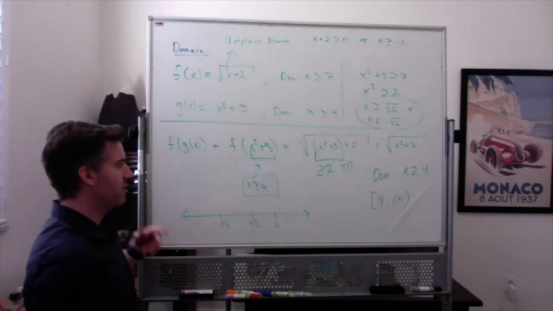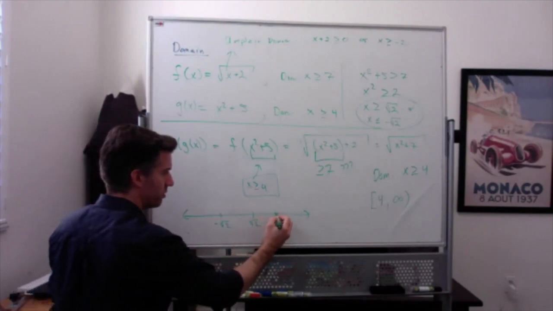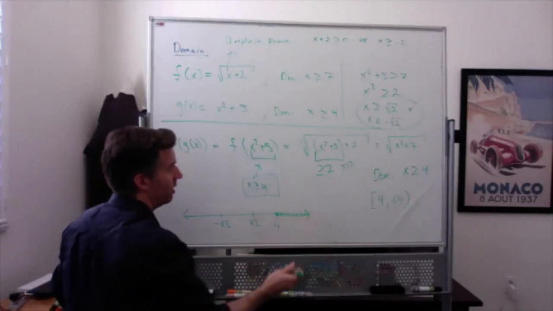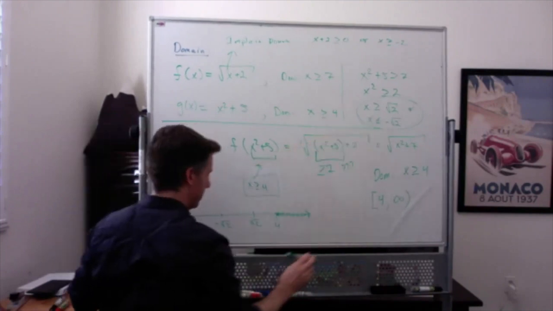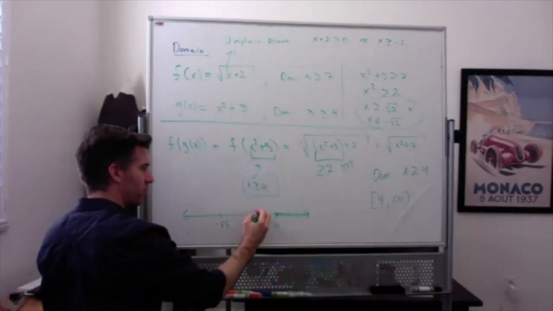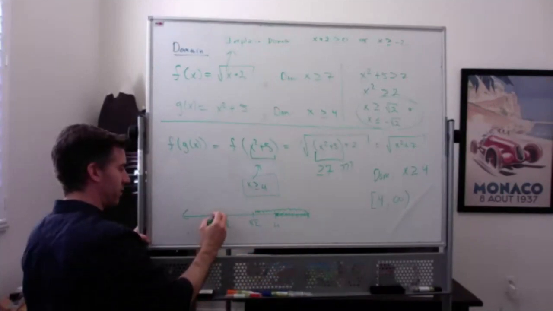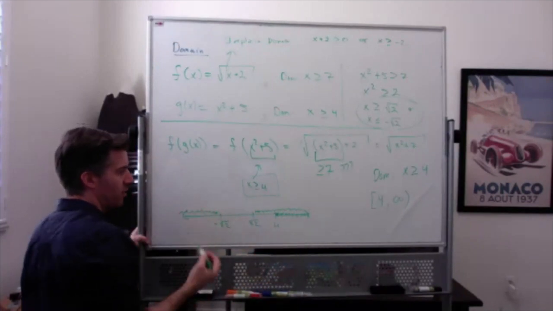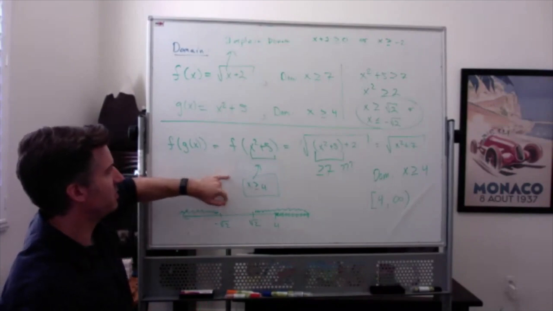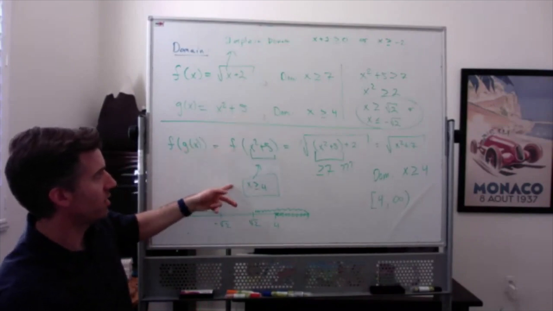We have to be bigger than or equal to 4. And then this other condition says x could be bigger than or equal to root 2, or x could be less than or equal to negative root 2. So we have to have this be true for sure and that be true.